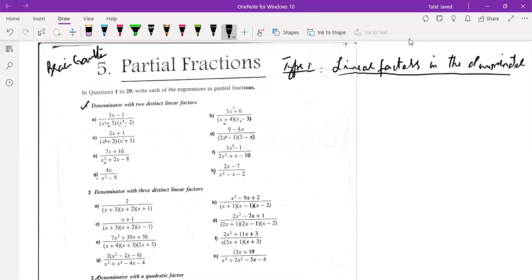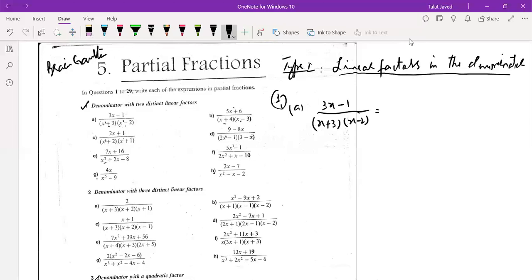So today I'll make you learn how we can find the partial fractions of these fractions. There are 3 steps in this question. Question number 1, part A: 3x minus 1 over x plus 3 into x minus 2.